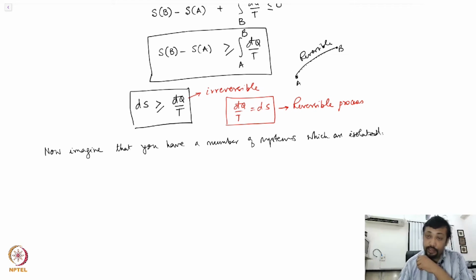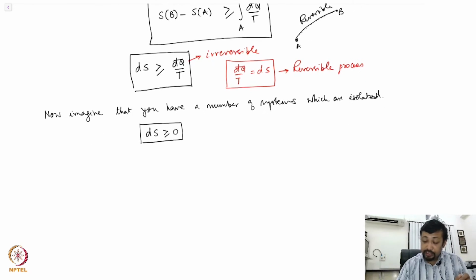So these systems are isolated, which means there is no universe, no path, nothing around it, and therefore when you bring them together, so they are adiabatically insulated, then essentially this means that there is no heat exchange, and if there is no heat exchange, this means that dS must be greater than or equal to 0. So this is a very, very important consequence. It tells you that when the systems come to a joint equilibrium, they go to the maximum entropy state.